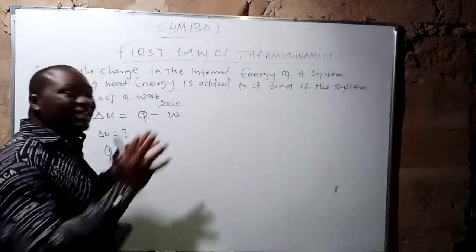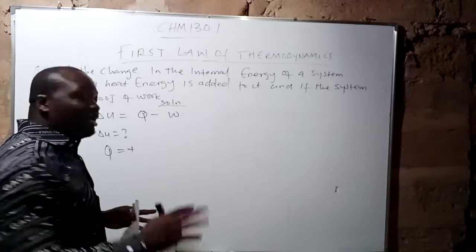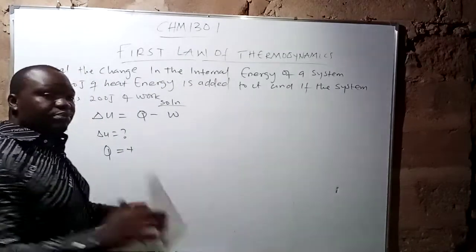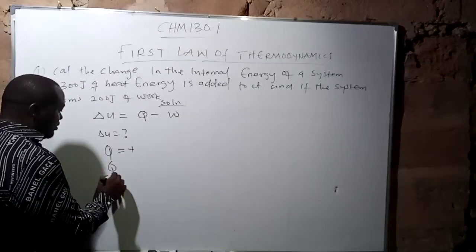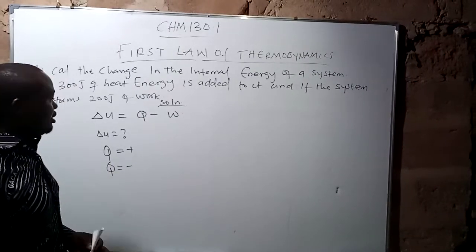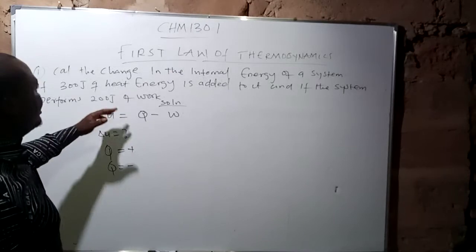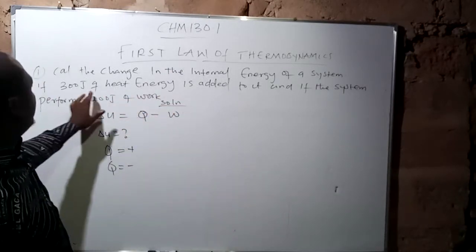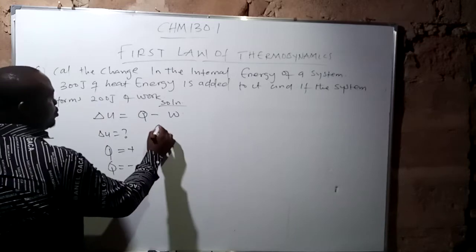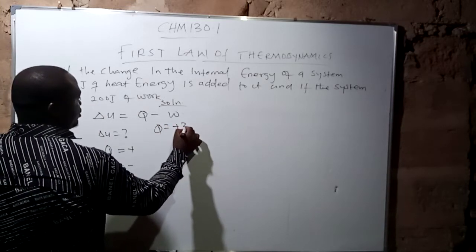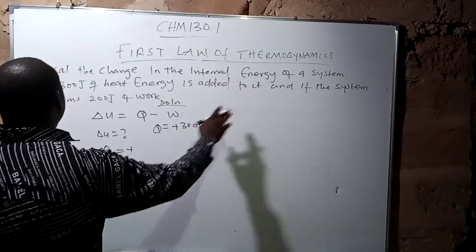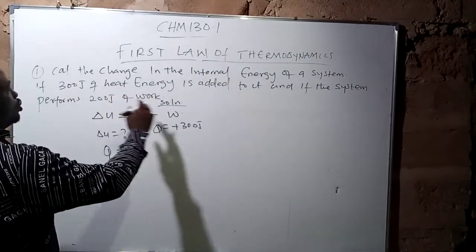Whenever heat is released from the system, we're talking about an exothermic reaction, and that simply means our Q is negative. So from this question, heat, 300 joules, is added to it, which means our Q here is plus 300 joules.